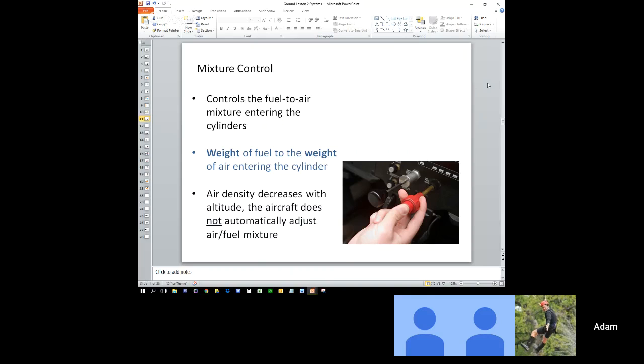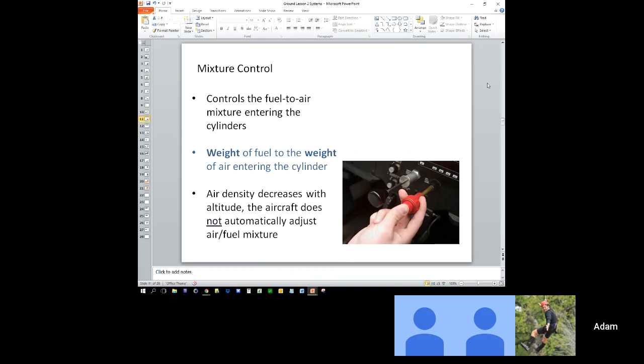If you start talking about fuel-air mixture in terms of volume, it gets sticky very quickly because volume changes depending on temperature, density and pressure. Simply stick to weight.